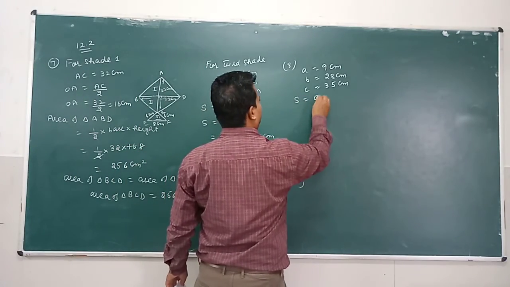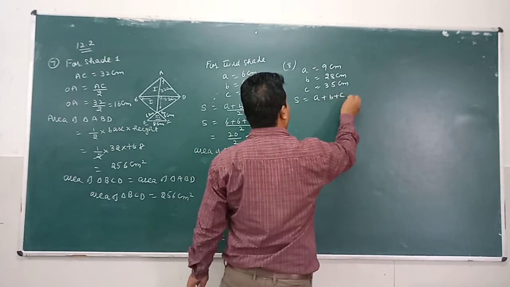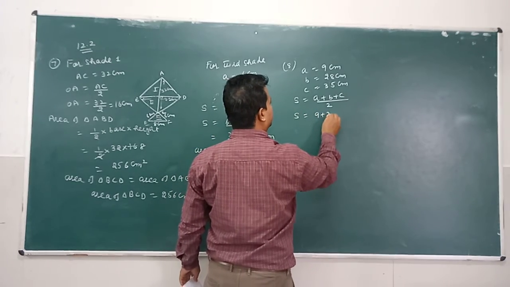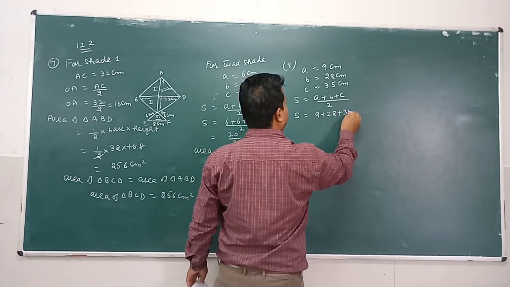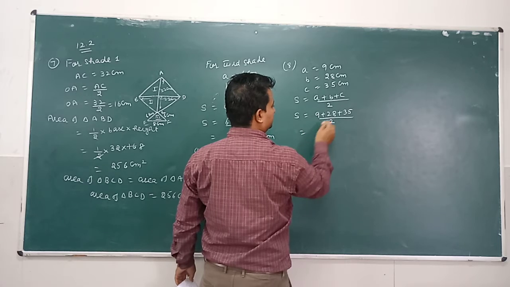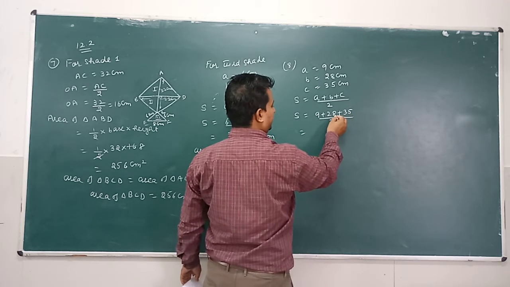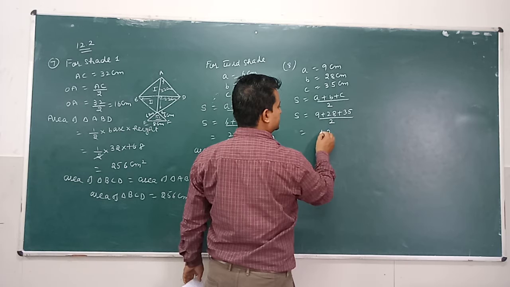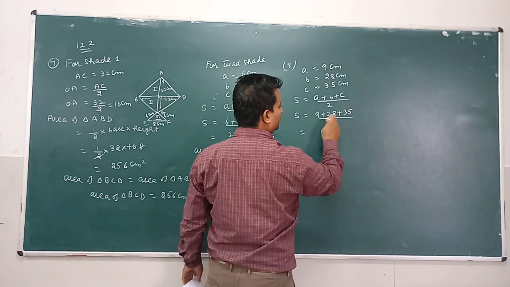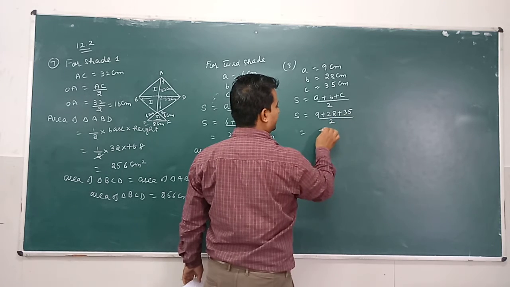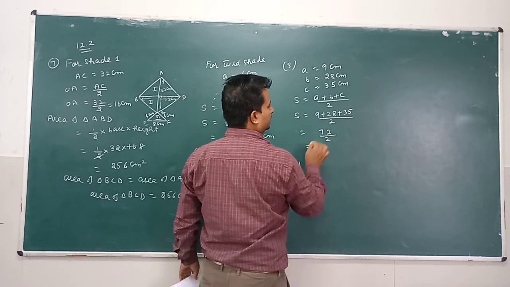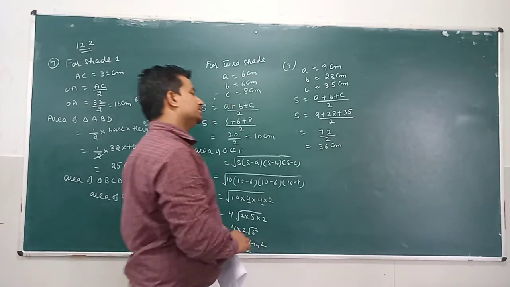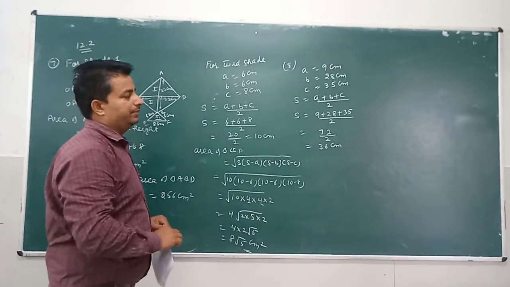First we find the semi-perimeter, which is a plus b plus c upon 2, 9 plus 28 plus 35 is 72, upon 2.